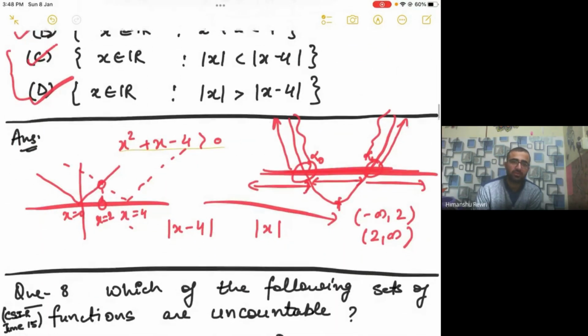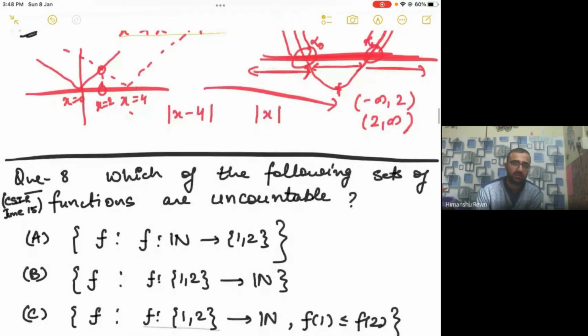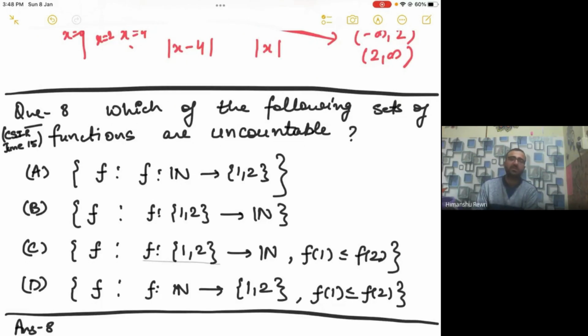Okay, so let's go to question number 8. I have taken this question from the CSIR, but this type of question is very common in various types of exams. That's why I considered this question. The question says: which of the following sets of functions are uncountable?